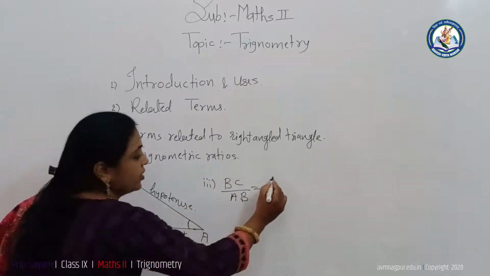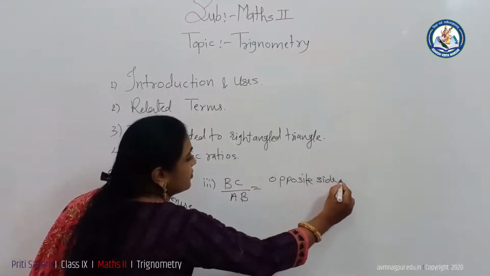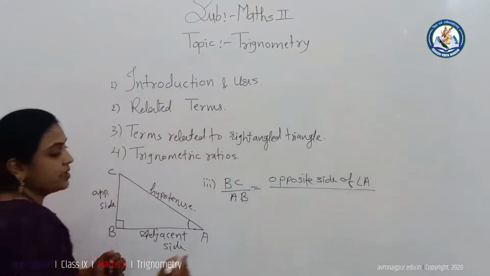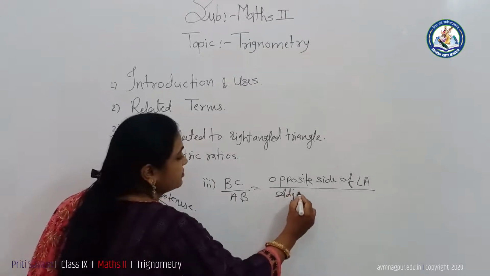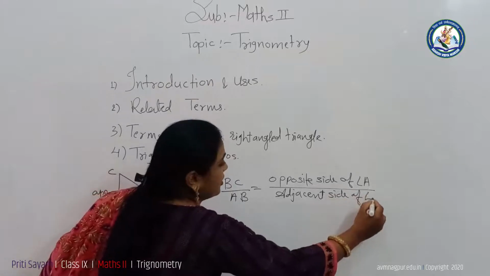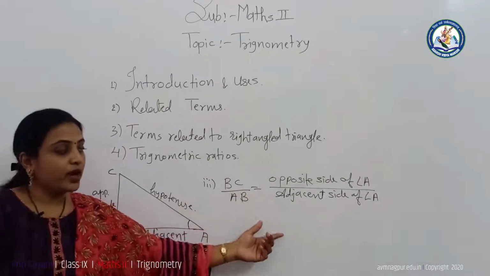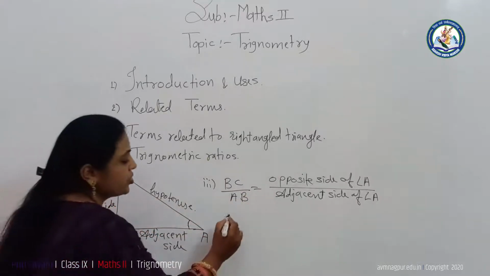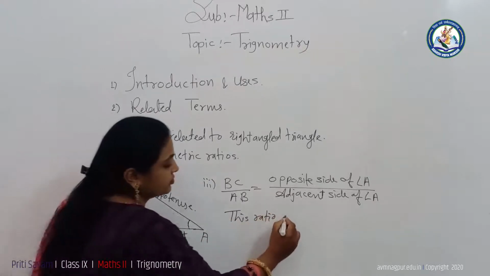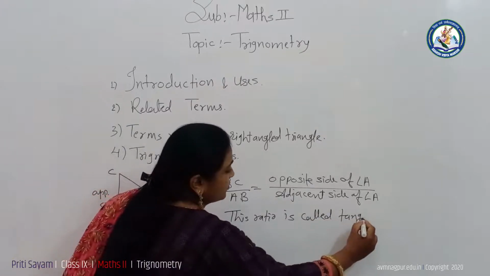BC is the opposite side of angle A, and AB is the adjacent side of angle A. So this ratio, opposite side of angle A upon adjacent side of angle A, is called the tangent ratio.